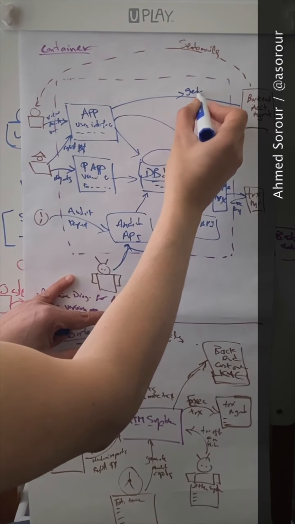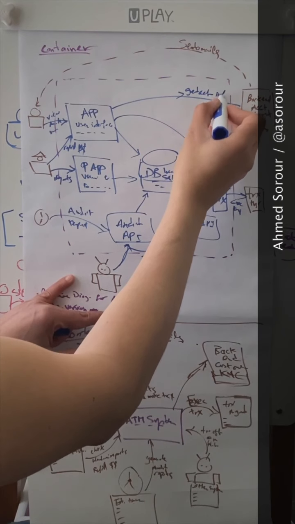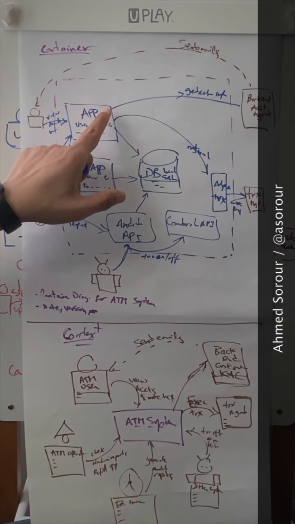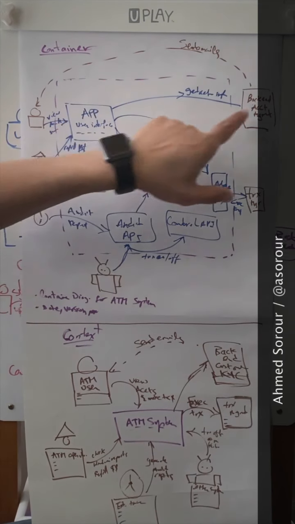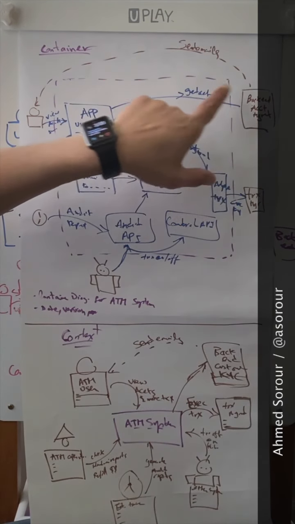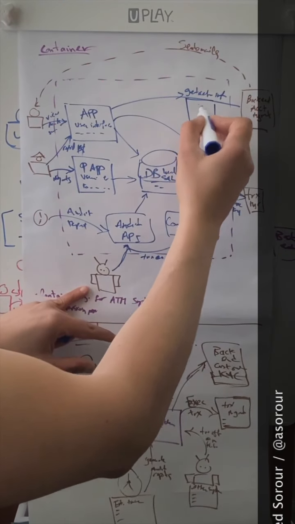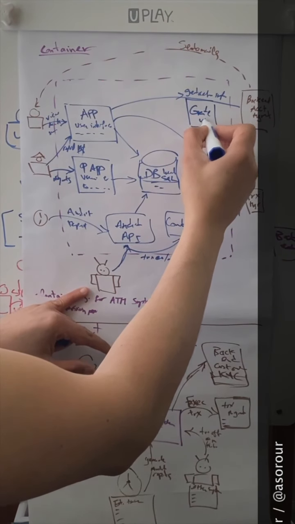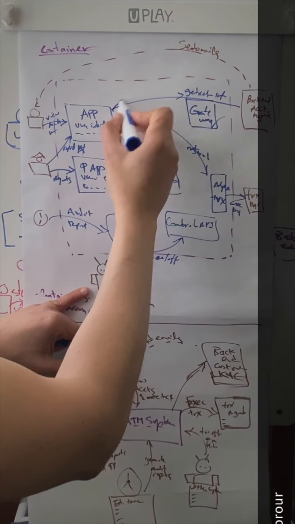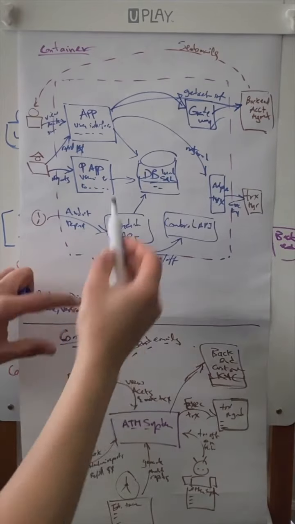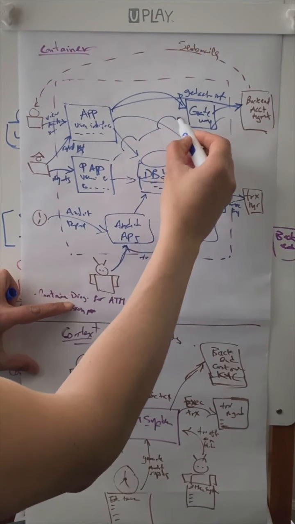Get account info. Well, now another decision we'll make, okay, will the app go to this back end directly, so something inside here, or would I create some sort of a gateway so that this app will go through it, and maybe that other app will go through it too.